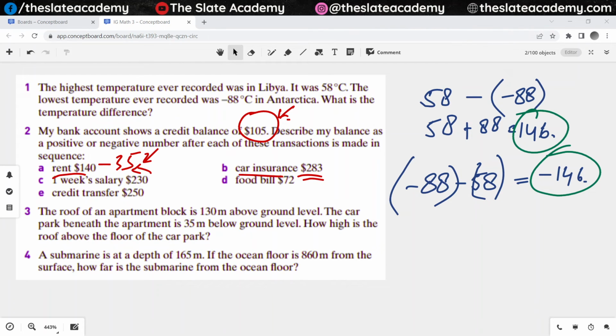So you have 105 in your bank account. You make a payment of 140. Wouldn't your balance become minus 35? Do you agree with that or not? Once your bank balance is negative 35, you make a further payment of 283.